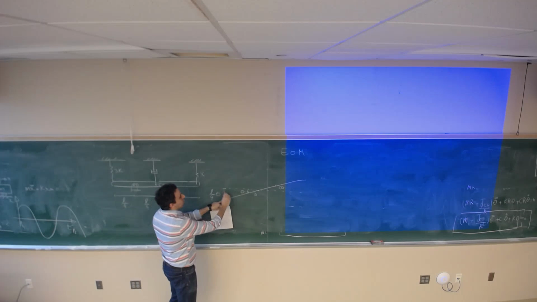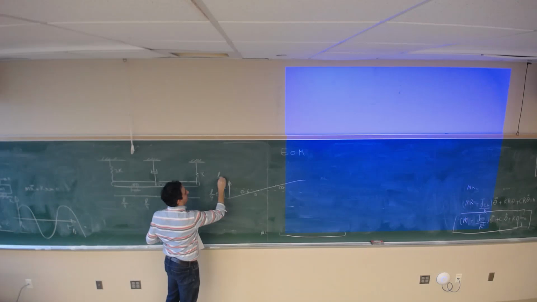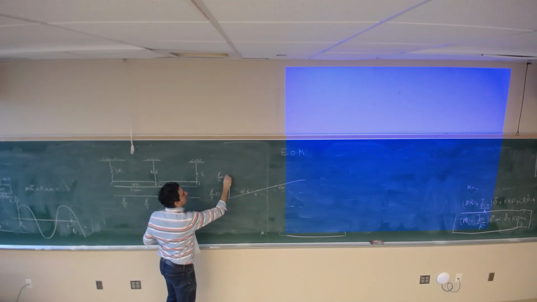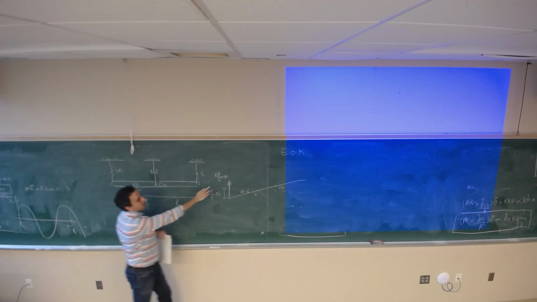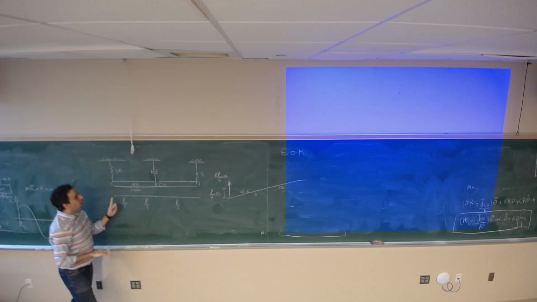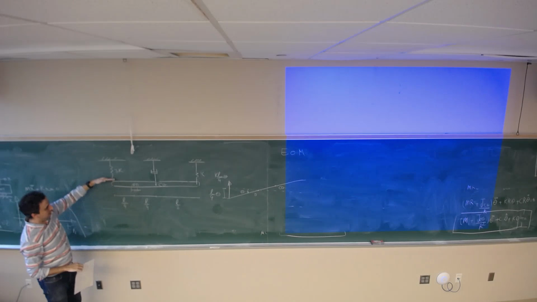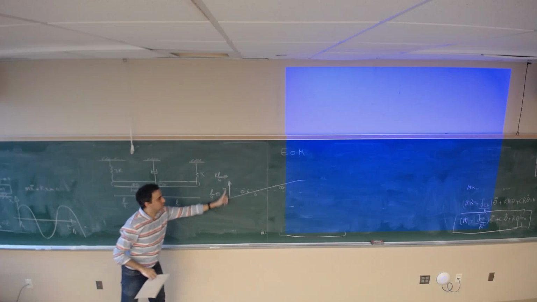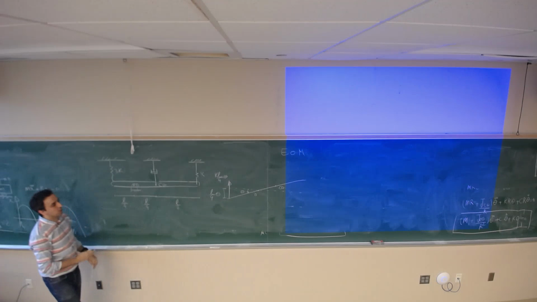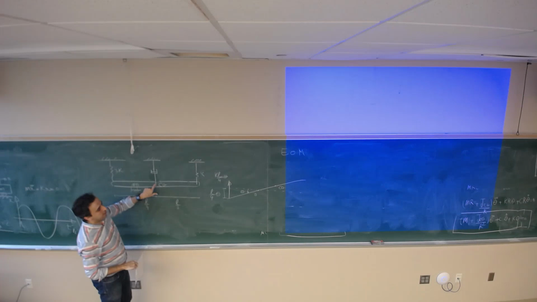So if this is L over 4, the force applied to this point is going to be K L over 4 times theta. Why is the force going up? Because we extended the spring, so the force should be in the opposite direction of deflection. So it goes up.